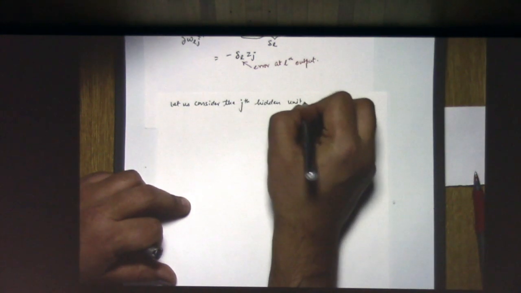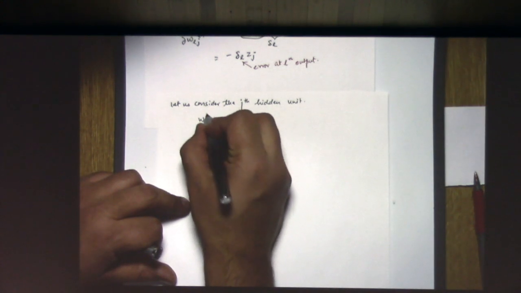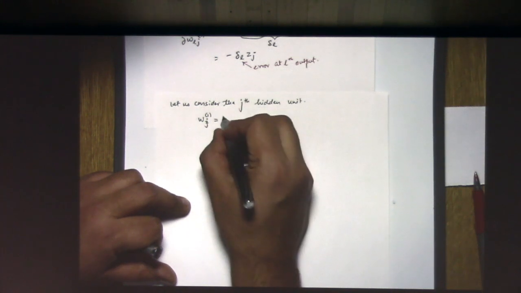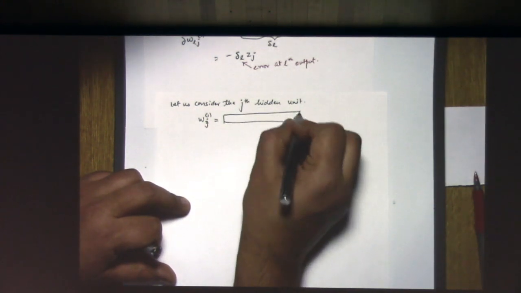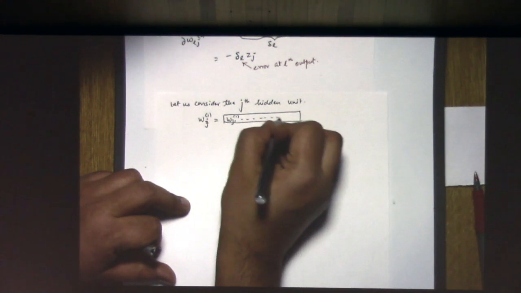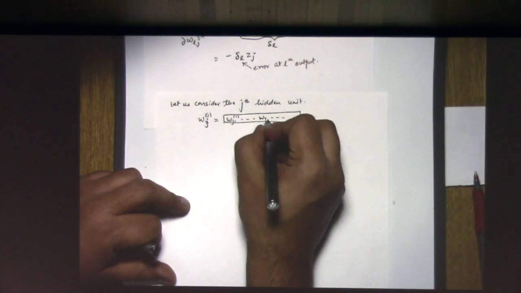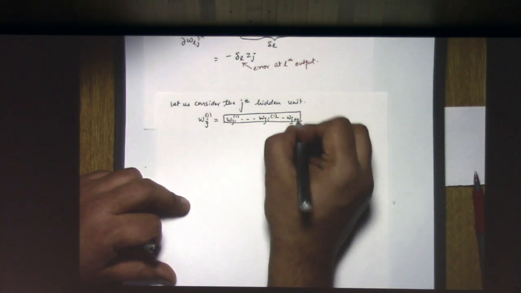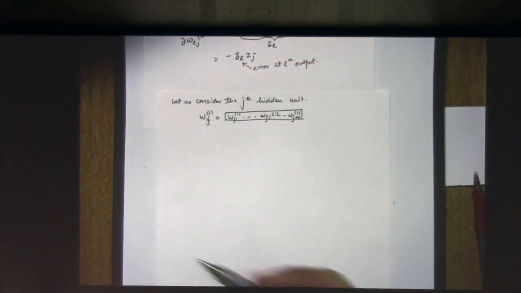The jth hidden unit is represented as Vj, and you can write it as a vector with entries from 1 all the way to the jith entry, and at the end there will be the d plus 1th entry. So we are going to consider one of these entries and compute the derivative of that. Any questions so far? All right.